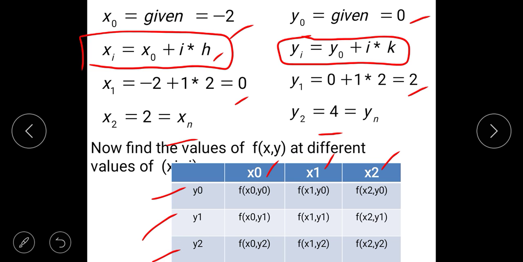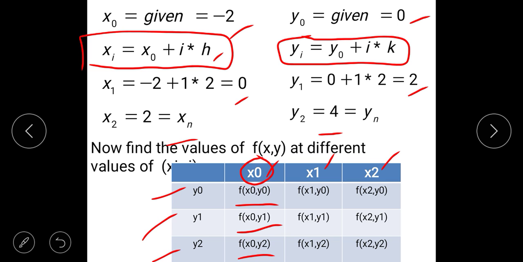Then for this table, first of all, take this x0 as constant, and we are varying this term y0, y1, y2. It means function of x0, y0, x0 is constant. Then function of x0, y1, x0 is constant. Then function of x0, y2.